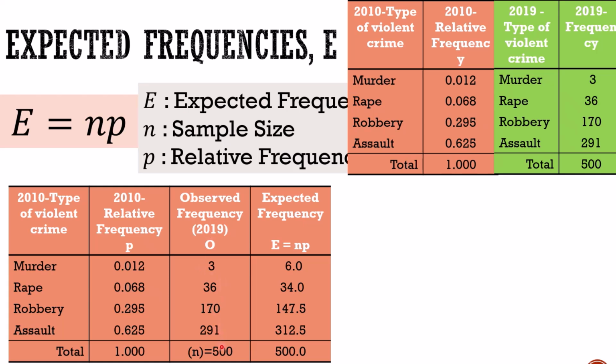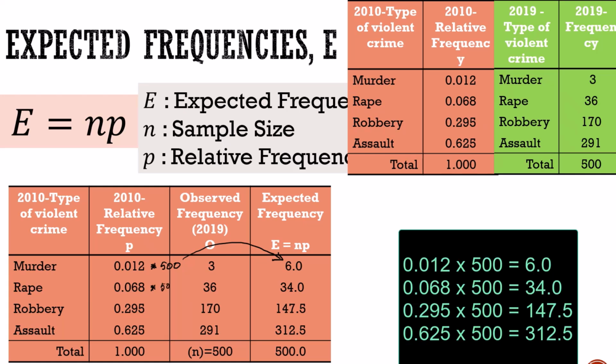Again, you are multiplying by N, not by these individual frequencies. Essentially, you are multiplying 0.012 with 500. So let me just write that. We are multiplying 0.012 by 500 will give us 6.0. Likewise, 0.068 multiplied by N, which is 500.